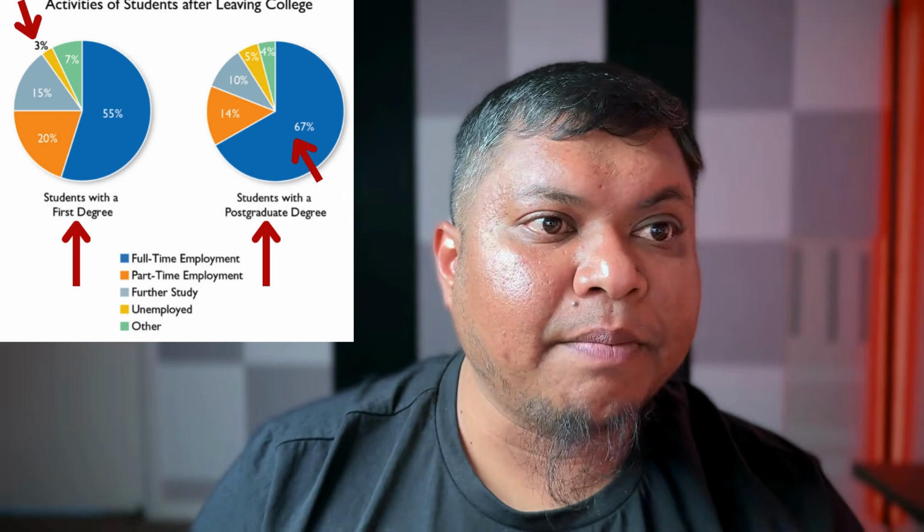Keeping them in mind, what we can do in this particular case is compare the same levels or same category between the two sources. For example, in this case, we can easily say that further study is 10% for postgraduate degree and 15% for students with first degree. We can clearly compare them.